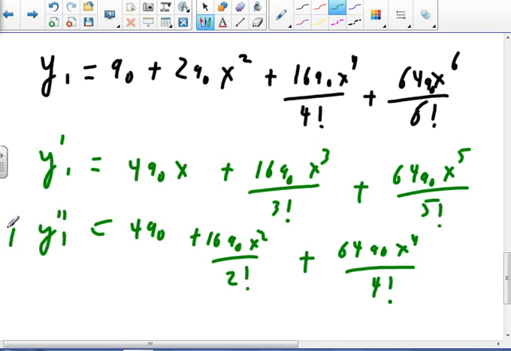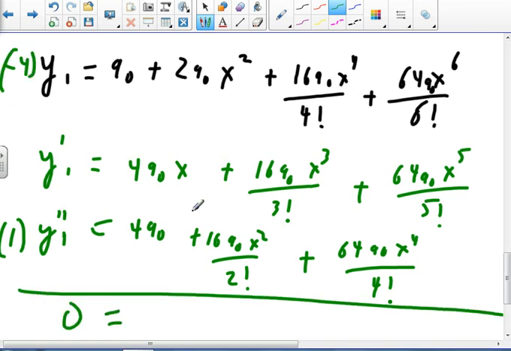I want one of these guys and minus 4 of those guys to be 0. That's what I want. All right, so I got minus 4 plus 4, minus 8 plus 8, minus 64 plus 64.